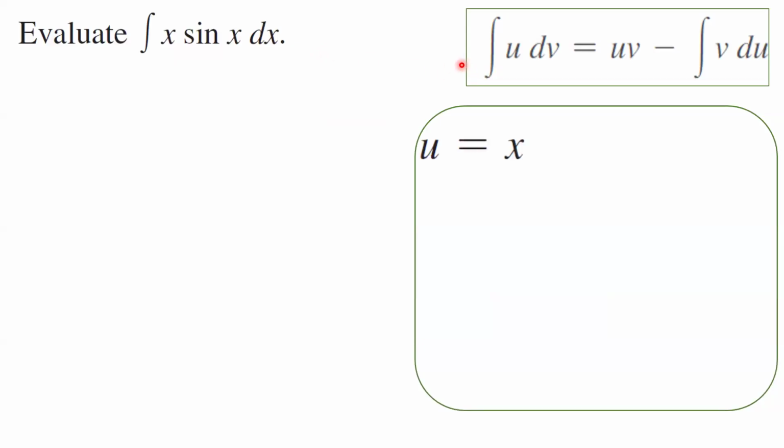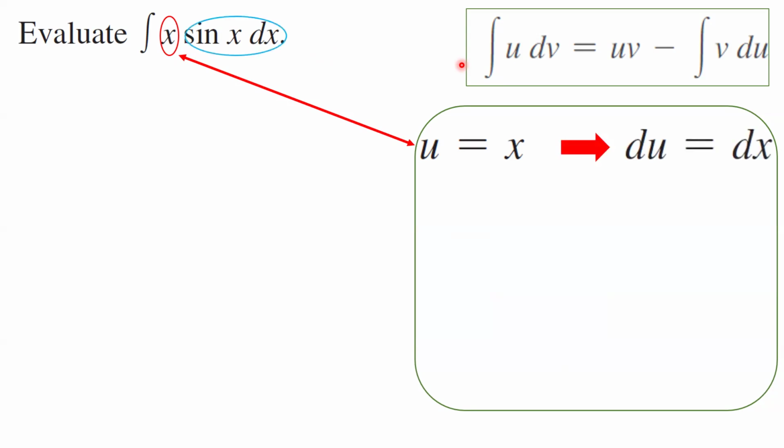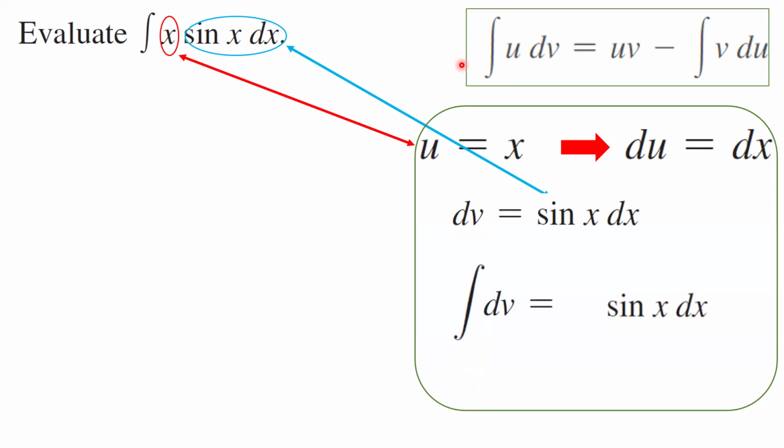So let us take u to be x, then du is equal to dx. Then take dv to be sine x dx. Then take the integral of both sides. The integral of dv is equal to the integral of sine x dx. So v becomes a simpler function, which is negative cosine x.